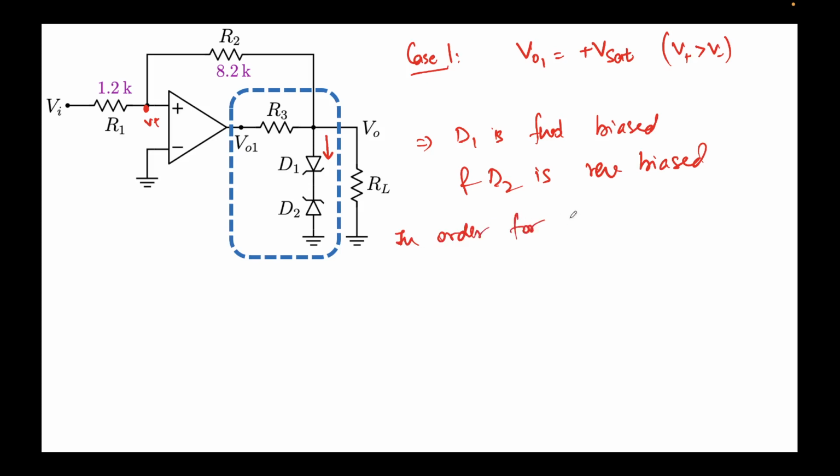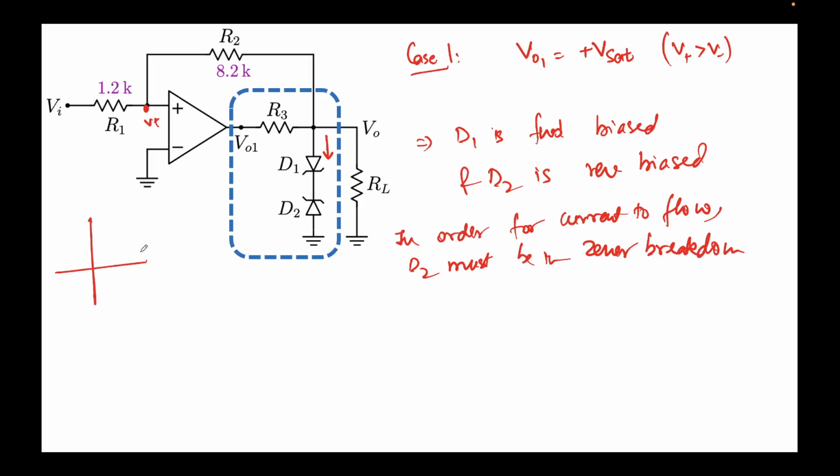In order for current to flow, D2 must be in Zener breakdown mode, because otherwise if it's not in Zener breakdown mode, there'll be a very small amount of current. Remember, this is how the characteristics of a Zener diode look. So this is the Zener mode. This is forward.